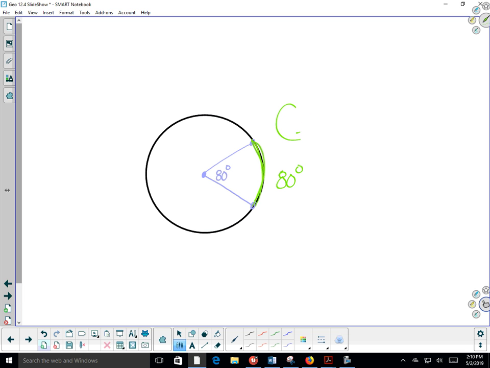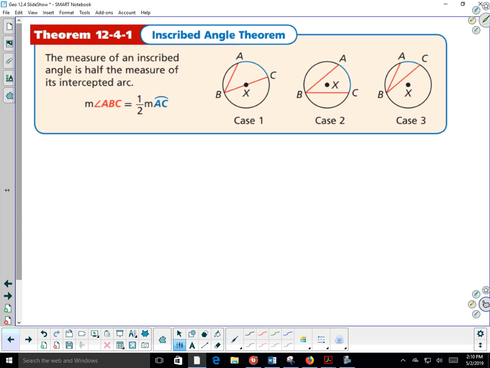But that's if it was a central angle, right? Then the arc measure is equal to the angle. Everybody with me? Yeah. But the game has changed now. New game. Now it's an intercepted arc and it's an inscribed angle. And the measure of an inscribed angle is going to be half the measure of its intercepted arc.